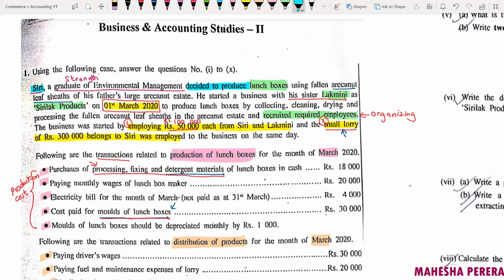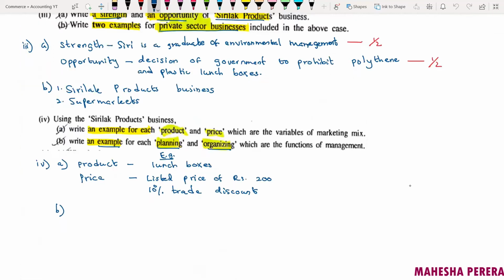Siri decided to produce lunch boxes. So this is a decision. That means a plan. So this means planning. Siri decided to produce lunch boxes. That's the example from the case.